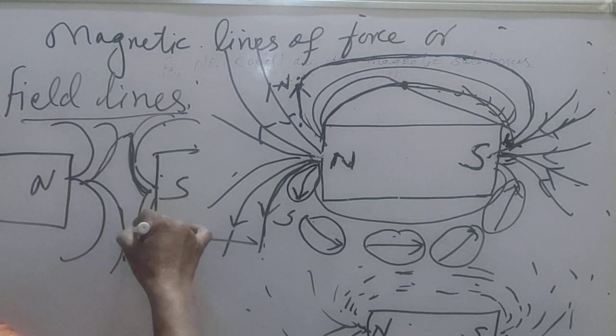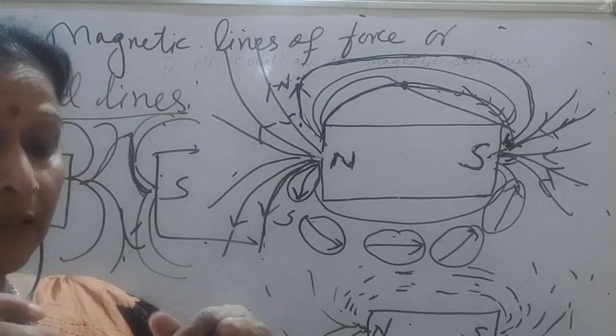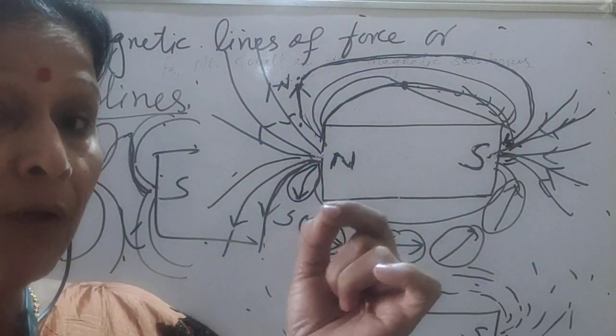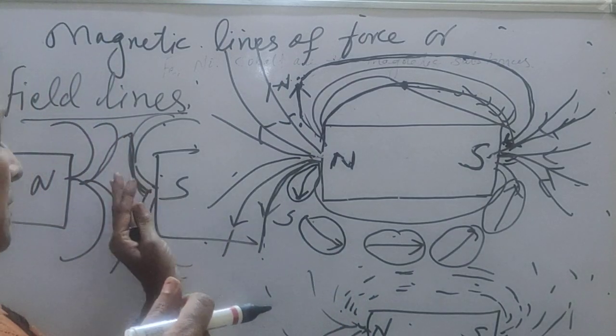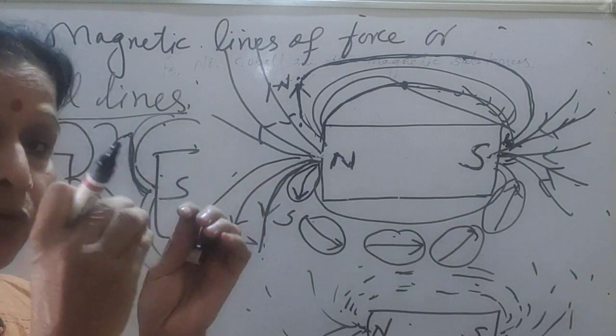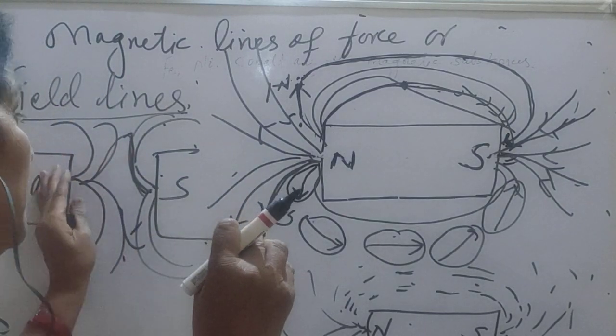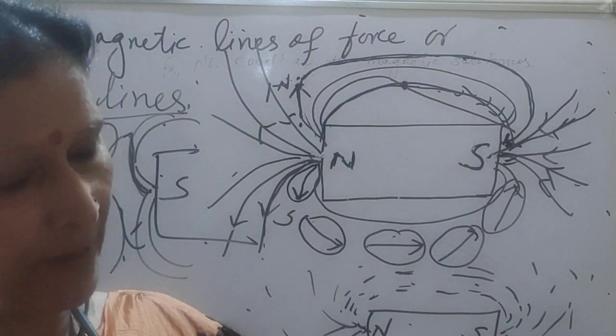They form a closed curve. As I told you, they are like stretched rubber which wants to contract along its length. So these field lines will try to contract along their length, and so there will be attraction between the opposite poles of the magnets.